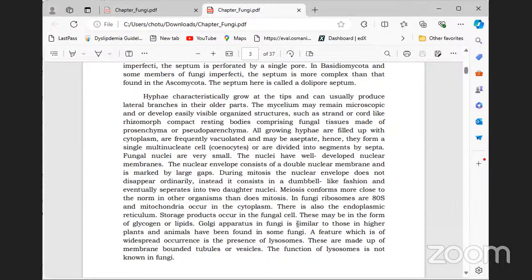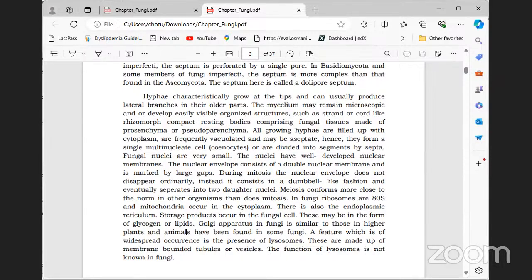In the cytoplasm, you can observe the mitochondria and endoplasmic reticulum also. Food material may be fixed in the cells in the form of storage material, stored as glycogens or lipids.